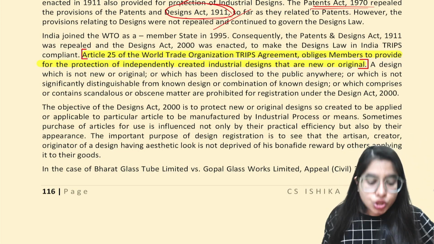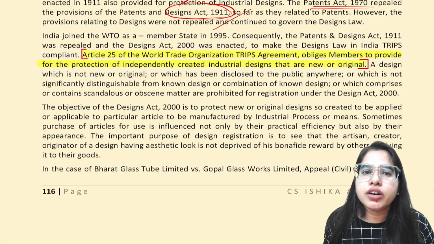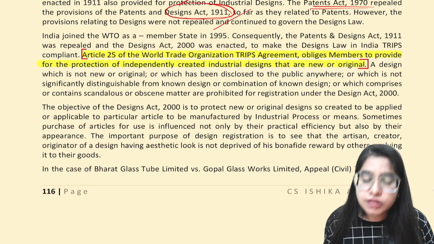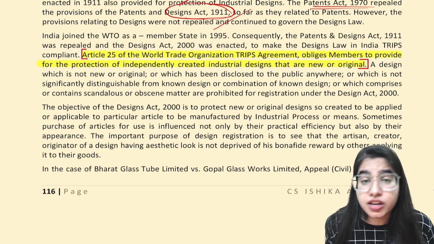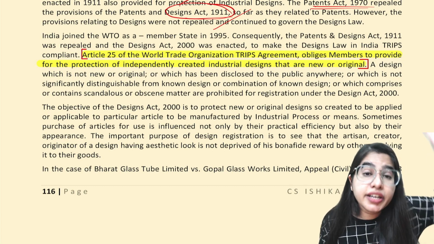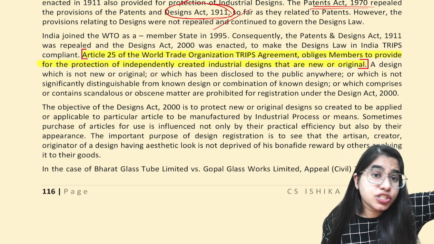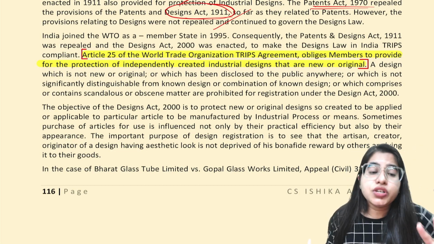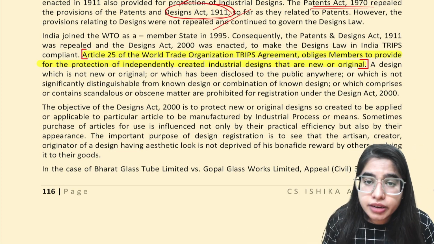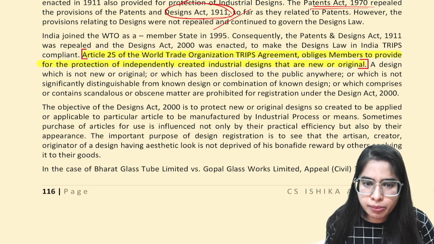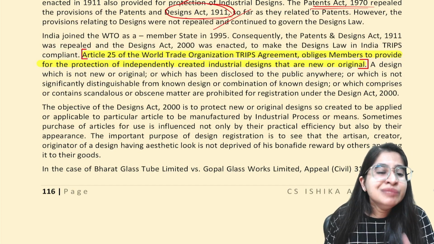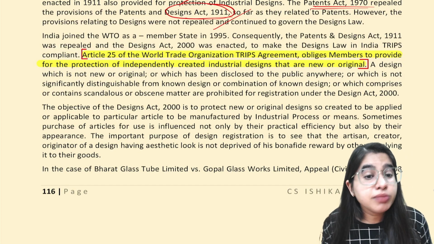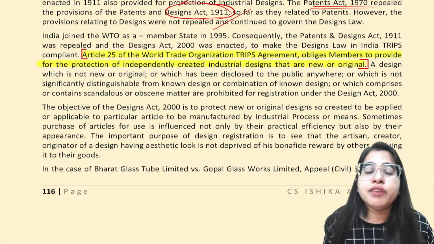We have entered into an international agreement with other countries, known as the TRIPS agreement. This also we have studied in the first chapter of this part 2, where we covered the basic international agreements and international bodies made to protect your IPR internationally. Questions can come from that also, you cannot ignore that. That's why we have studied that chapter.